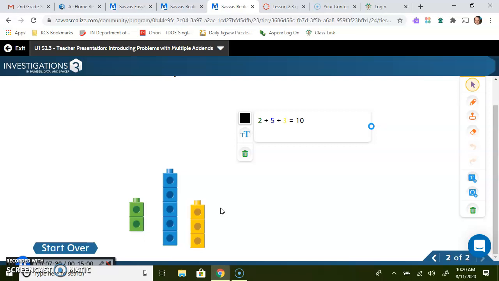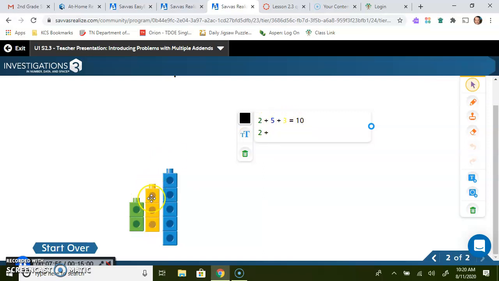What if we kept the cubes the same, but we changed the order? So let's look at the equation that we have now. We still have 2 green, but this time we don't have the 5 blue.